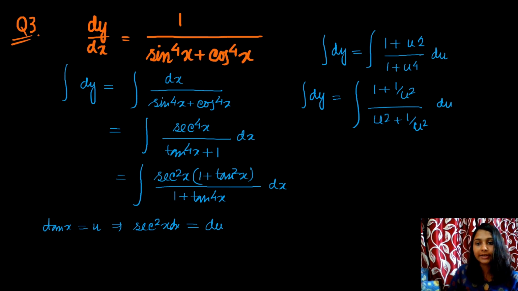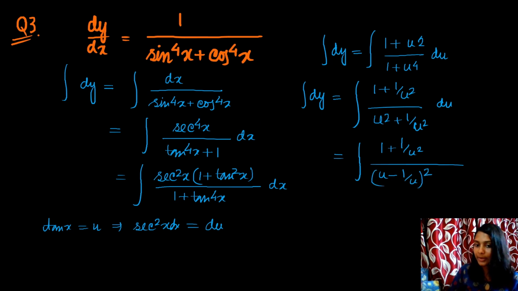Now this term here can be modified, and we can write it as 1 by u square divided by u minus 1 by u. So there is u square, there is 1 by u square, and there is a minus 2 term. To cancel that out, we need to use a plus 2.